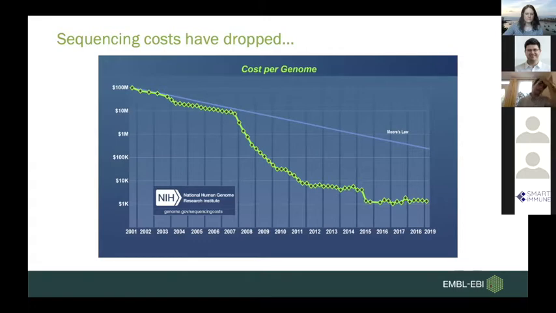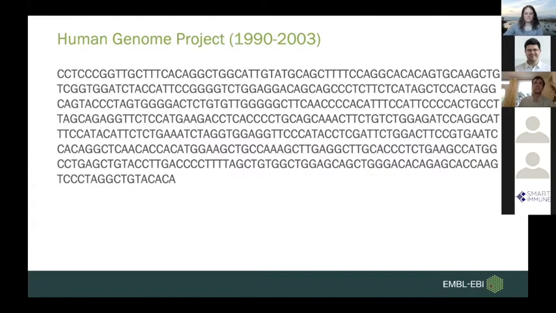Now, if you go back to 2001, the first human genome sequence, that was 100 million. So that's a vertiginous drop in cost, which allows us to do some crazy new things. So for instance, the Human Genome Project took roughly 13 years, and what we got was a haploid sequence of DNA.